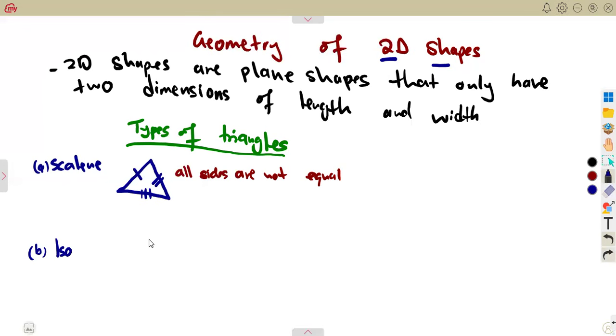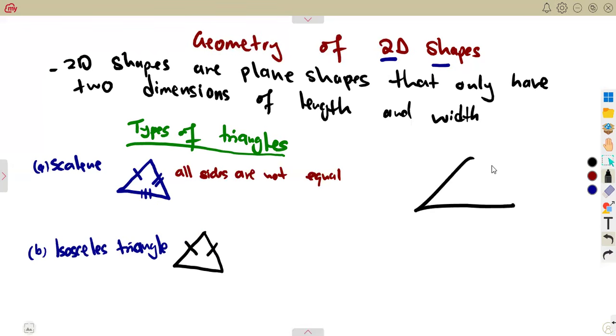Like I said, we also have an isosceles triangle, which has two sides which are equal. Two sides like this. So you'll be given maybe this side and this side.